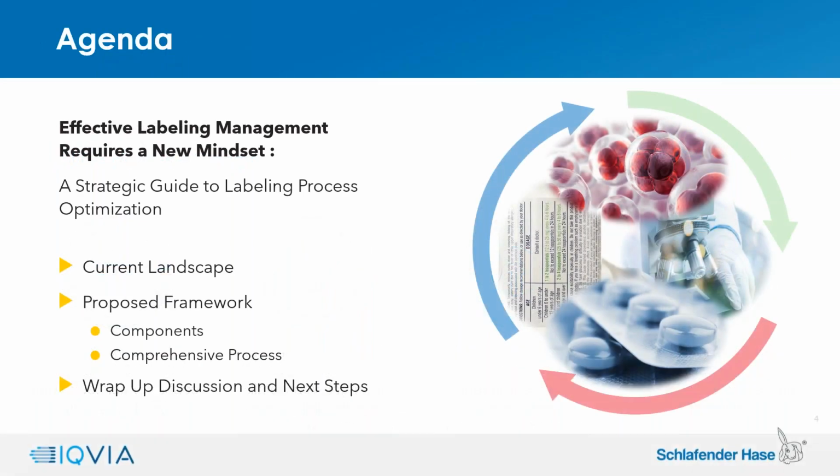But just to get into what we're going to be discussing today. Today's topic, effective labeling and management, requires a new mindset. It's a strategic guide to label process optimization. And so today, I hope to provide guidance for those of you involved in your organization's attempt to formulate an end-to-end process for labeling.